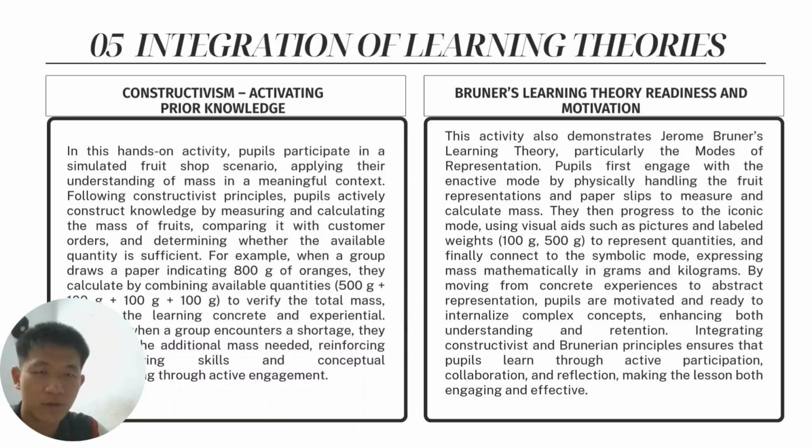They then progress to the iconic model using visual aids, such as a picture labeled 100 gram and 500 gram to represent the quantity, and finally connect to the symbolic mode, expressing mass mathematically in gram and kilogram.